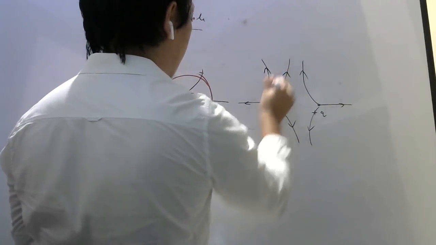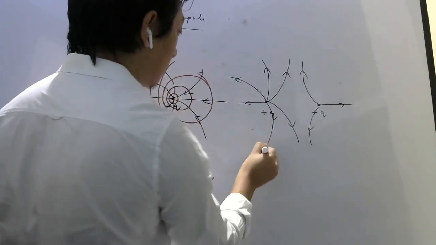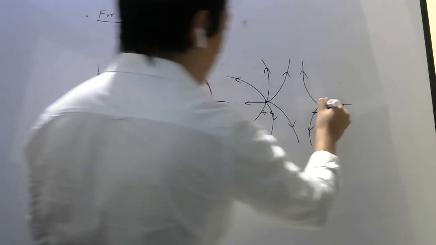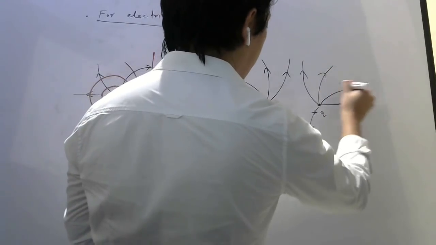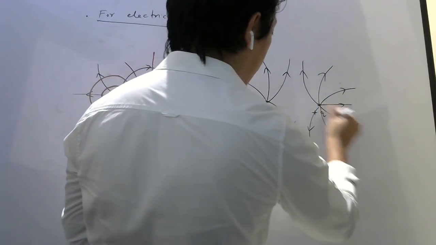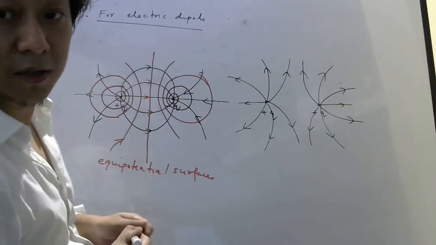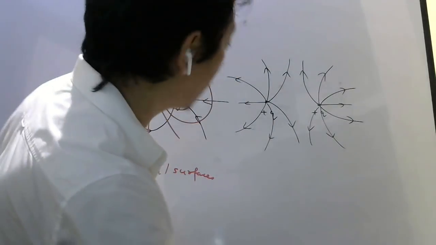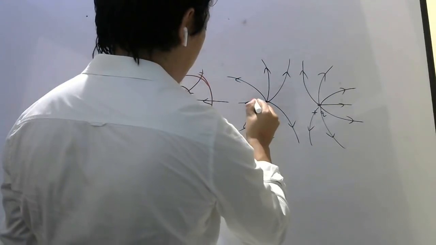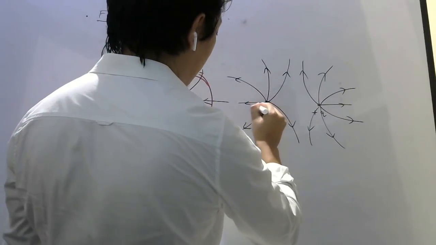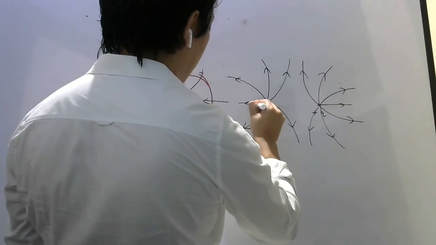Then it goes something like this, right? So this was your electric field lines. Now you have to draw perpendicular. So it will look something like this.